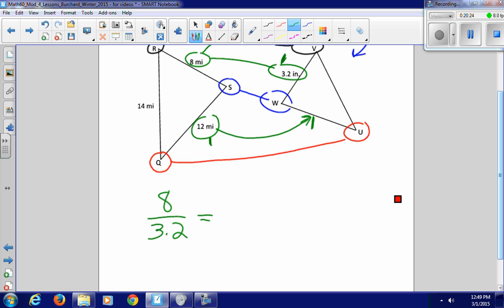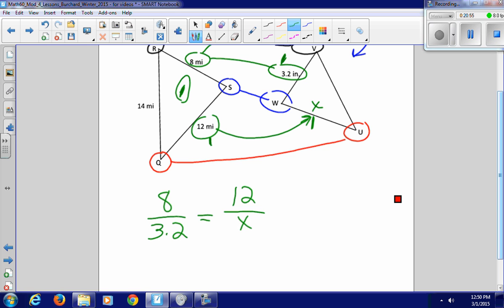Now I've picked my order, so that means it has to be 12 goes with, I'm going to call this X again. So once I've picked the order, they have to stay the same. The 8 came from this triangle over here, and so the number on top on the other proportion, the 12, also has to come from this triangle over here.